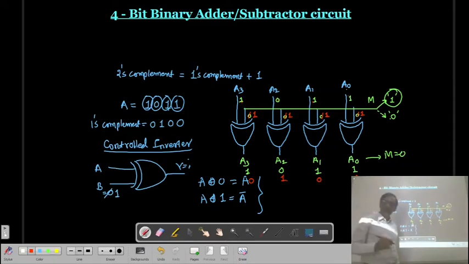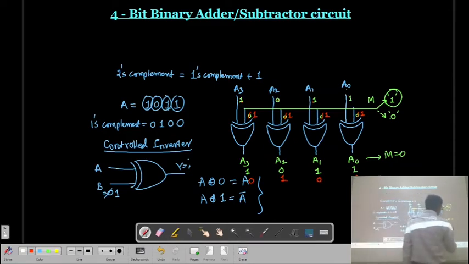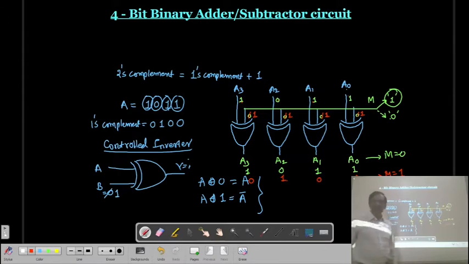So here it is going to be inverted. So when this switch is M equal to 1, connected to a high level, your binary number is going to be complemented. This is known as a controlled inverter circuit. What is the control? When you place M equal to 0, you will not get the complement, but when M is equal to 1, the binary number is going to be complemented.